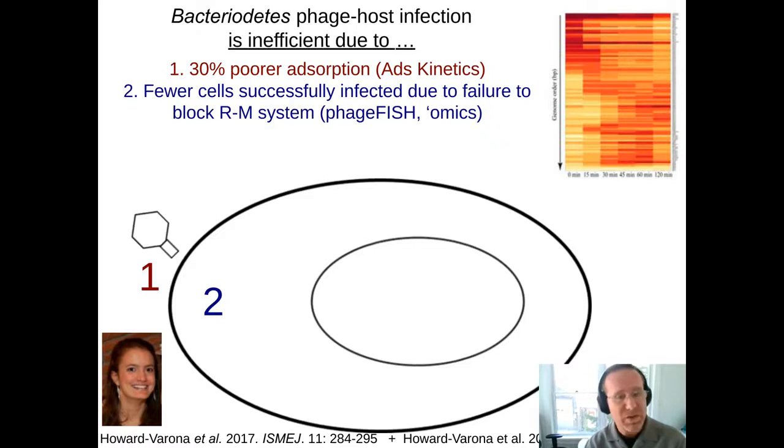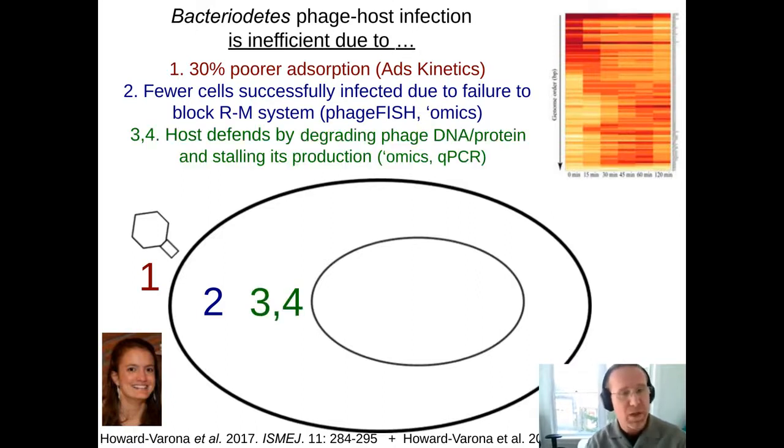We also found, however, that fewer cells were successfully infected just due to failure to block restriction modification systems. And this was data we were able to infer from both phagefish and the multi-omics data set. Again, we found more evidence that the host defended against this infection by both degrading phage DNA and proteins and stalling their ability to make phage DNA and proteins.